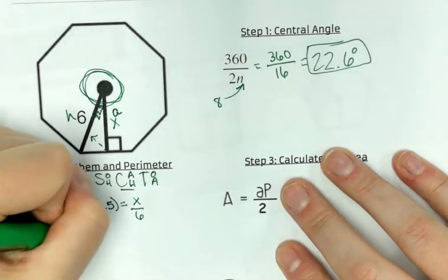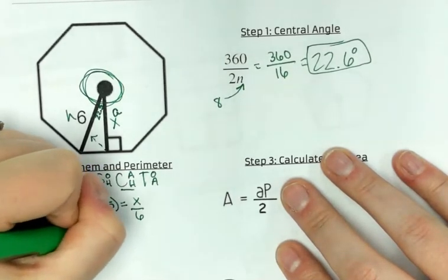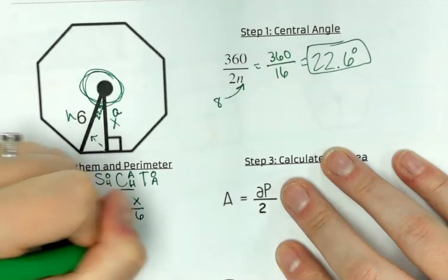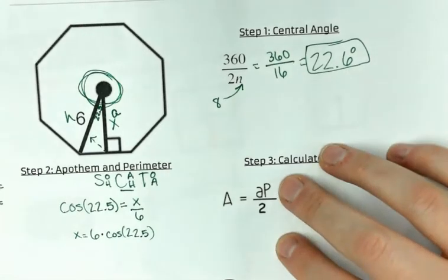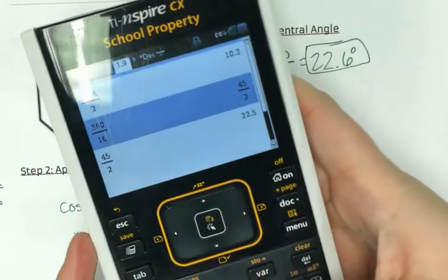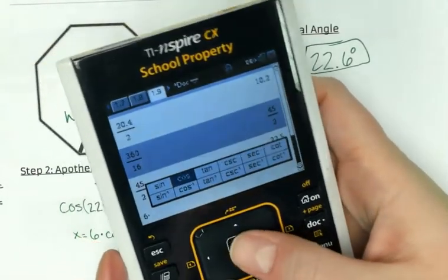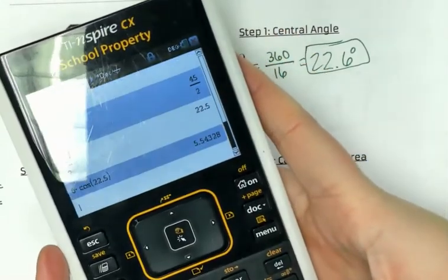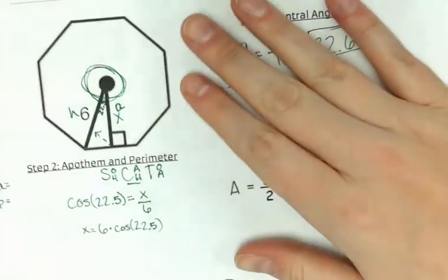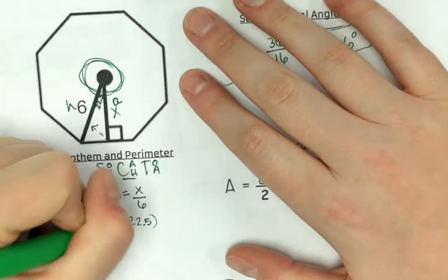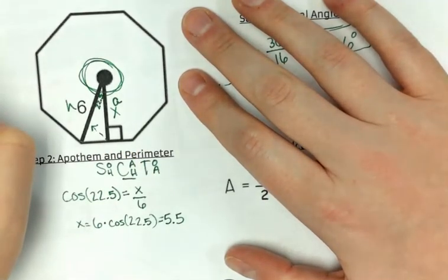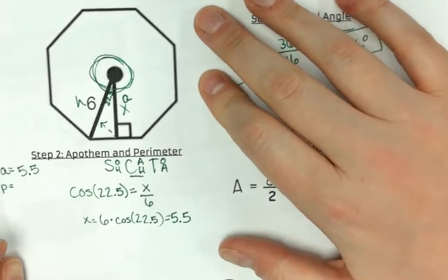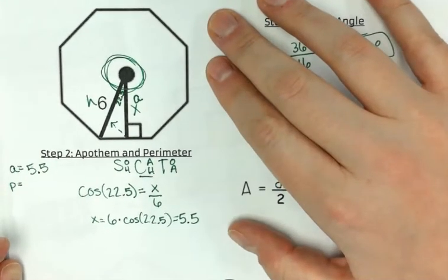So x is going to equal 6 times cosine of 22.5. So we're going to get 5.5. And that's our apothem. All right, so we have our apothem.